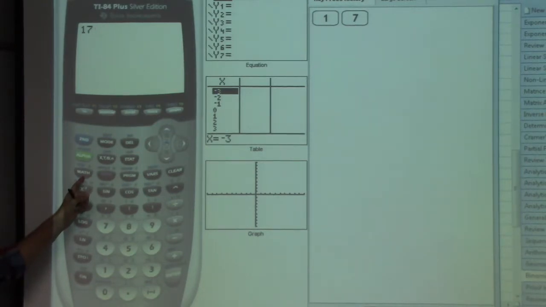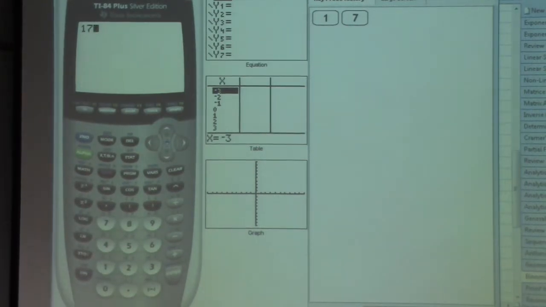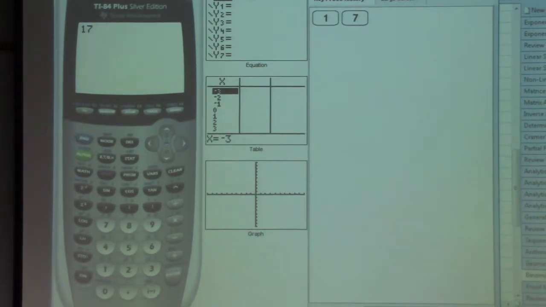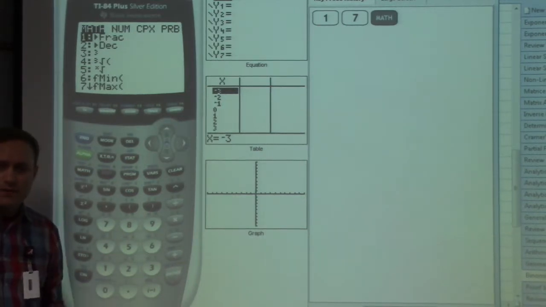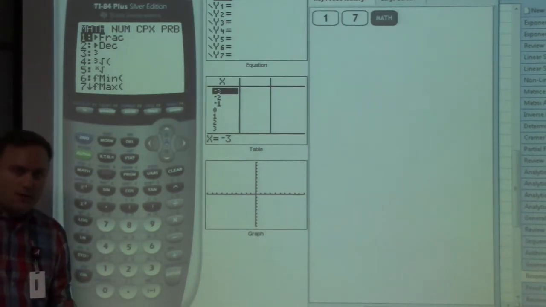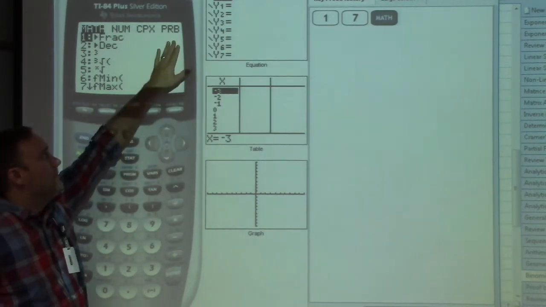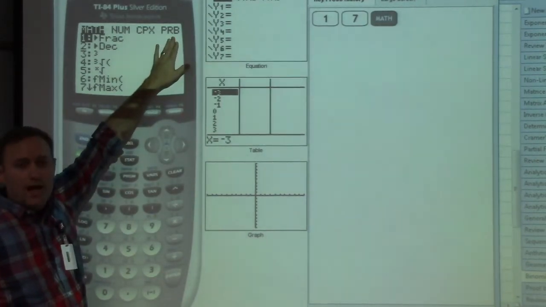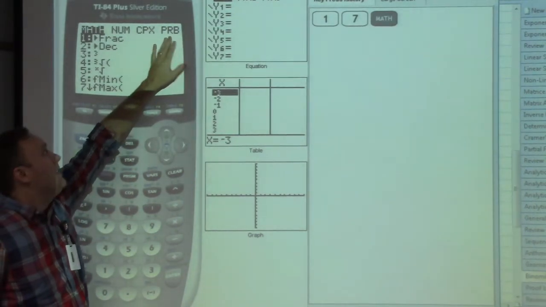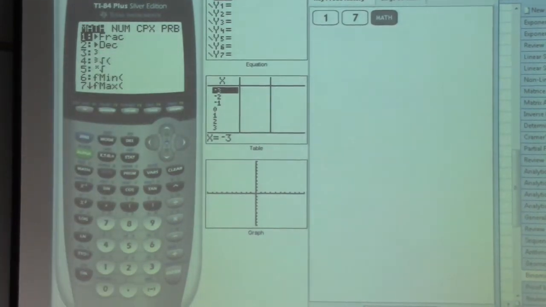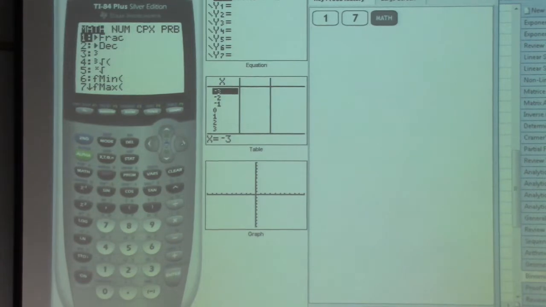We're going to start off by clicking the math button, and that's going to bring up some menu options. Because this combination function most often is connected with probability and statistics, we're going to have to scroll over to the probability menu, and that means that we can use our arrow buttons on the calculator.